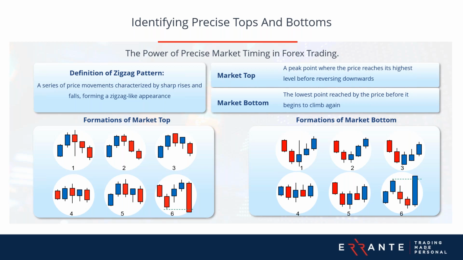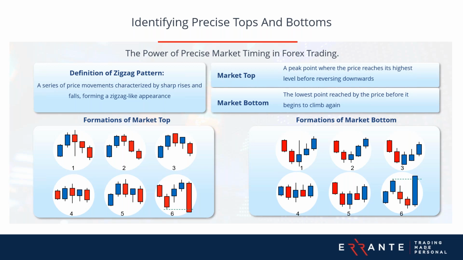But here I'm going to give you a roadmap that would save the day for you to identify the tops and bottoms in the market. A market top is defined as a peak point where the price reaches its highest level before reversing downwards, and it's a signal that the buying pressure is exhausted and the sellers are starting to take control.